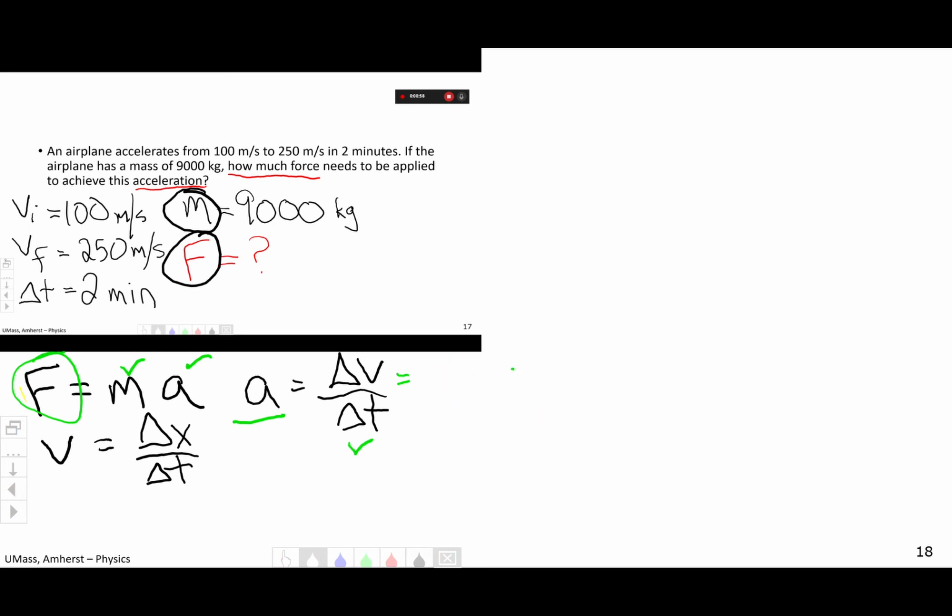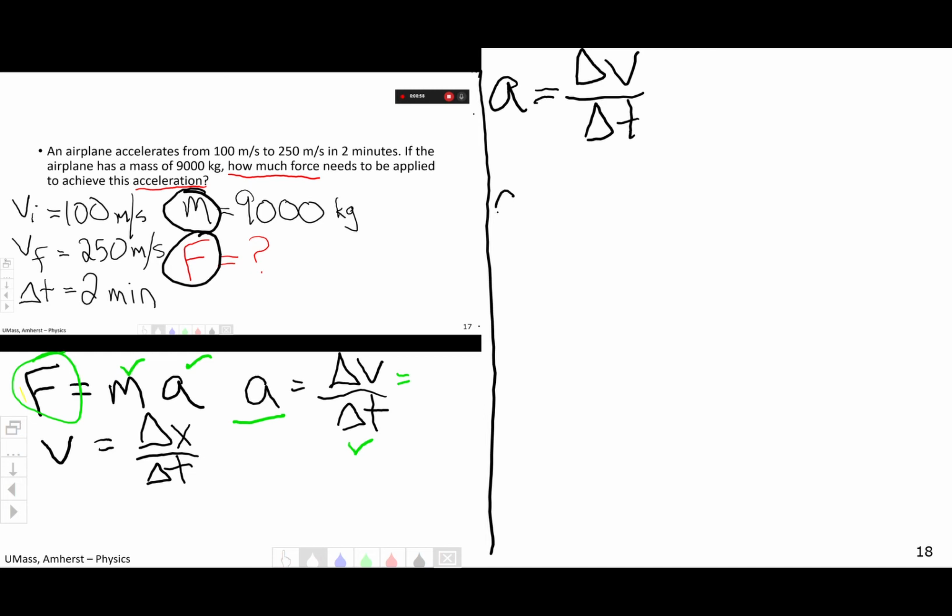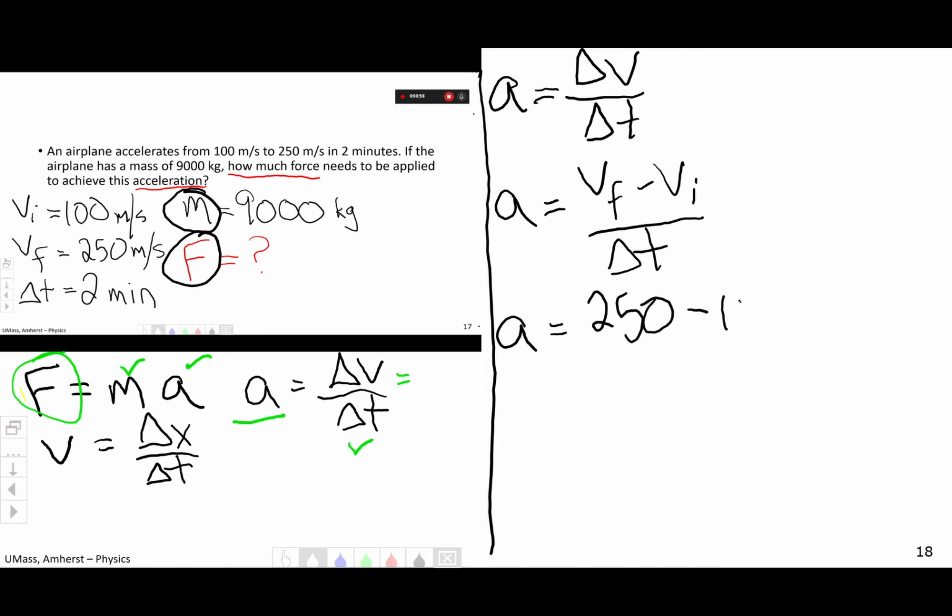We're going to use A equals delta V over delta T, where that delta V is VF minus VI over delta T. So we're going to fill in what we know, 250 meters per second for VF minus 100 for VI over, now let's be careful. Notice what unit our time is in, 2 minutes.